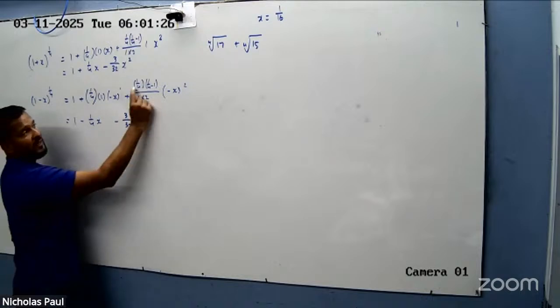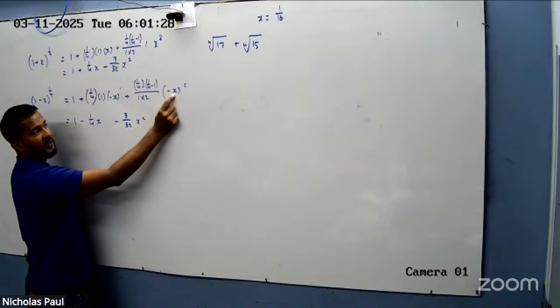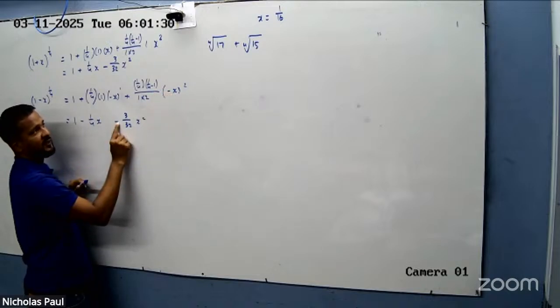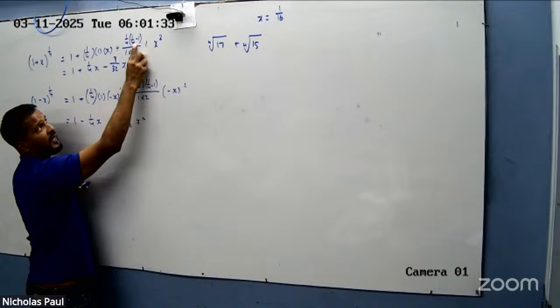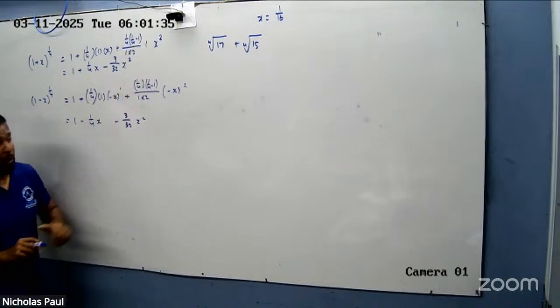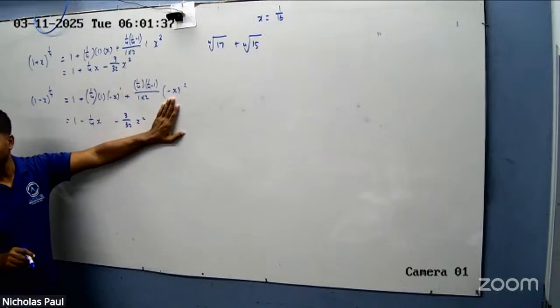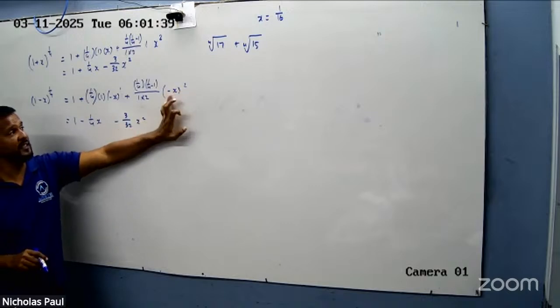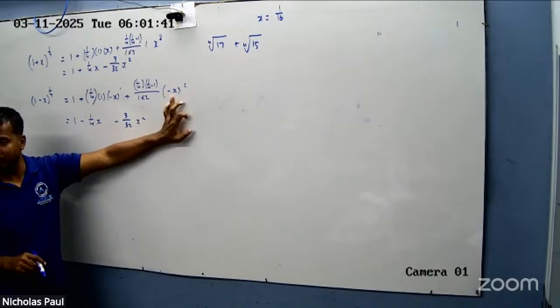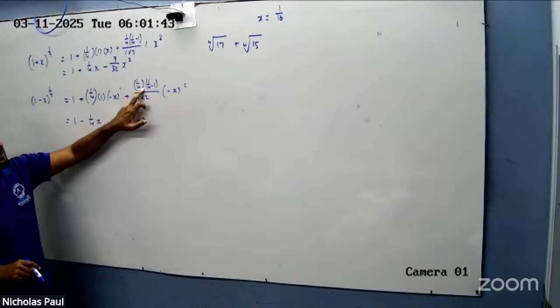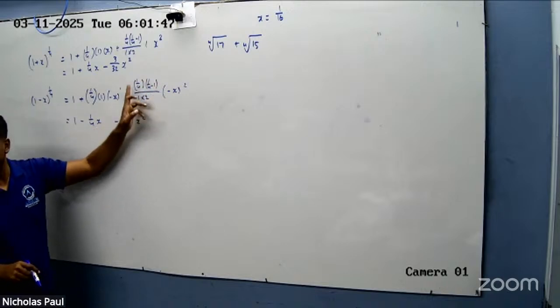Here is minus, right? But it's positive, a minus by a positive is minus. Here is positive, here is minus. Minus x squared is x squared. This whole thing here is minus.